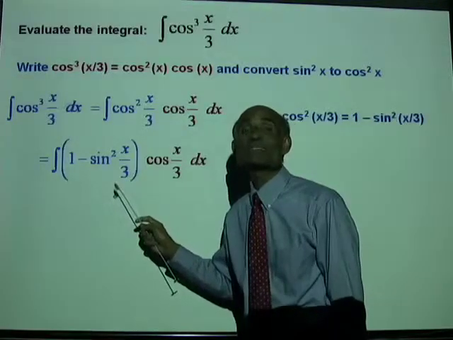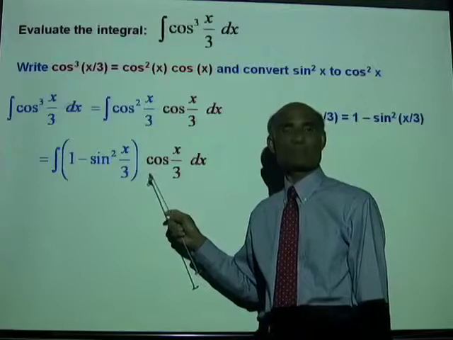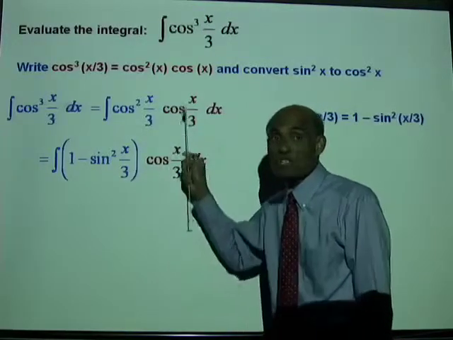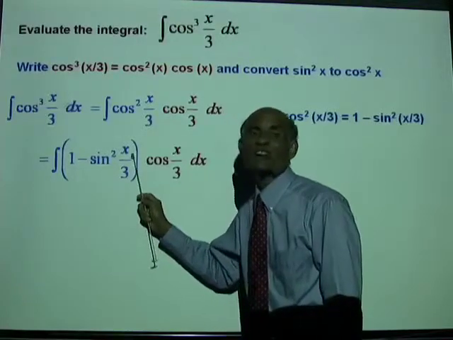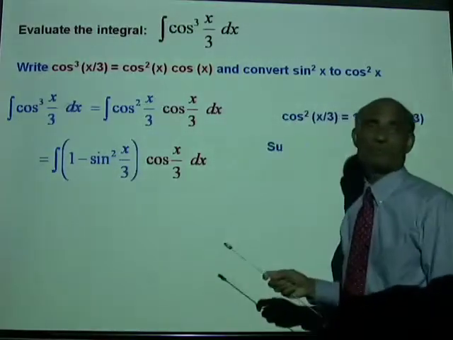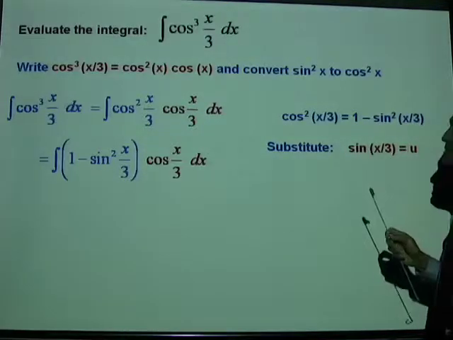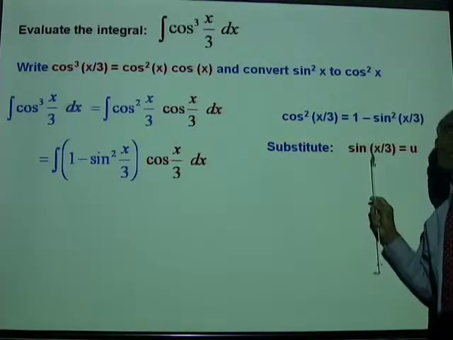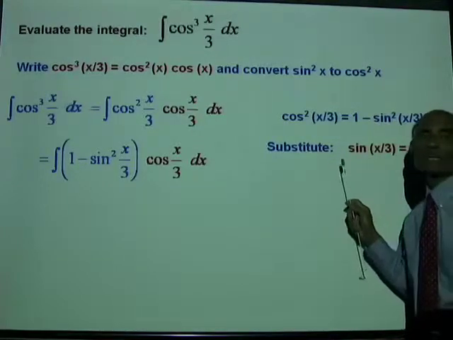We can now do a substitution. What is the substitution we can do here? Well, we set it up for it. So our substitution is sine x over 3 equal to u. Alright, tell me, what is the differential of sine x over 3?